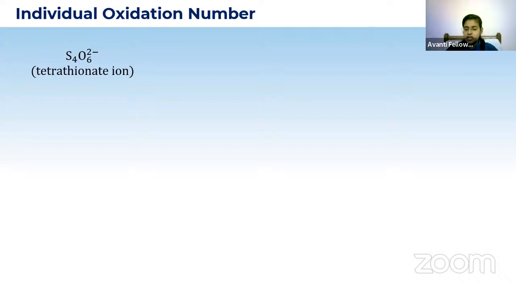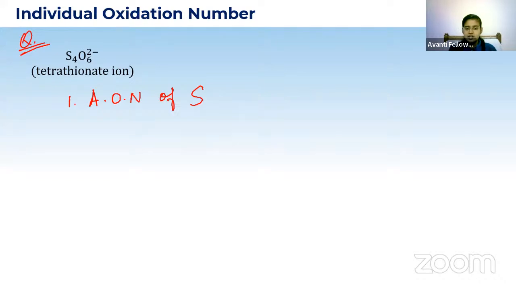So what are the 3 questions I gave you? First, you need to find out the average oxidation number of sulfur. Pragati, please don't reveal the answer now. In the next session, I will ask you.